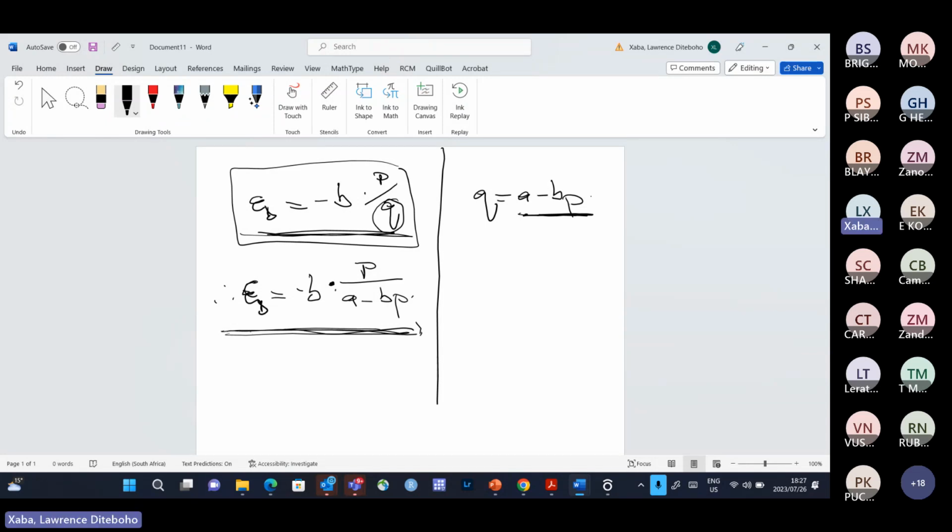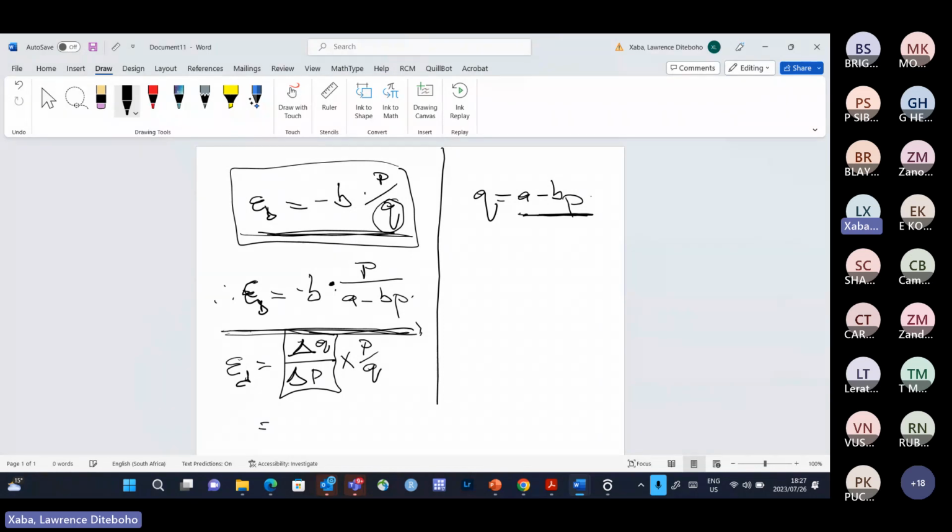Then we have what is called a point price elasticity of demand, where we're given our point. The formula that we are going to use in that case is E_D equals the change in Q divided by the change in P, times the given point P divided by Q. And we still remember that change in Q divided by change in P is our slope.